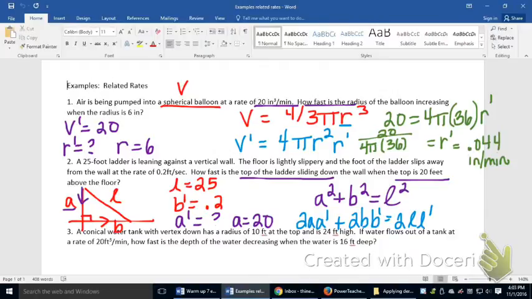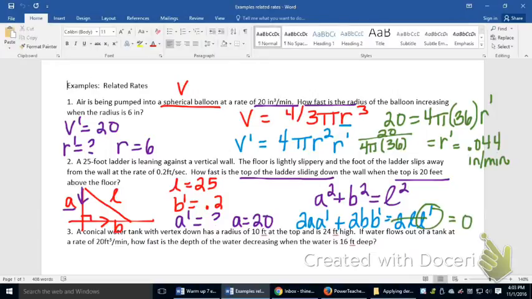Now, in order for me to solve this for A prime, I need to be able to fill in all of that information. I'm going to write this under number 3, knowing that that is not number 3. Here's what I know. I know that L prime is 0 because the ladder is not changing. So the rate of change of the ladder is 0 because it's not changing. So all of that is really just going to equal 0 right there.